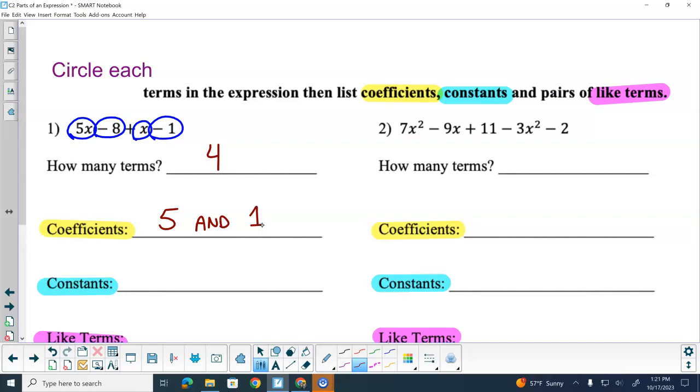Number on its own, no variable attached to it. Do we have any numbers without any variables? Yes, what are they? 8 and 1. Do we agree with 8 and 1? I do not agree with 8 and 1. -8 and -1, because that's what's circled.